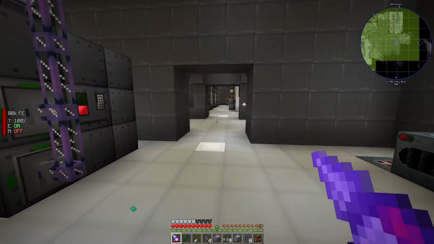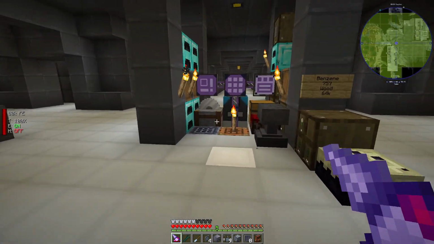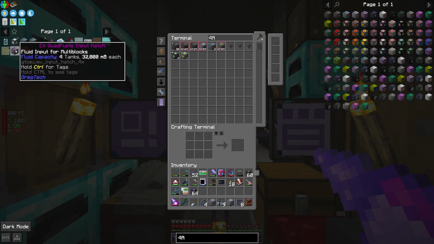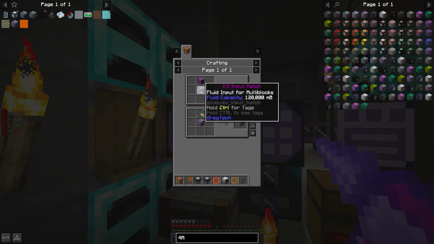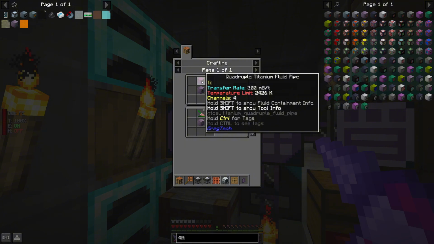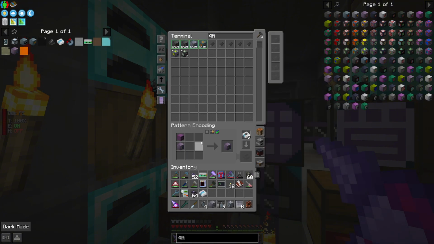Okay, so another thing that I want to transition to doing real quick is we're going to be making the quadruple input hatches here. So this is the recipe. We've got an EV input hatch and a quadruple titanium fluid pipe. So we're going to grab that.